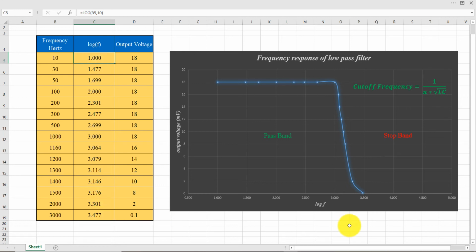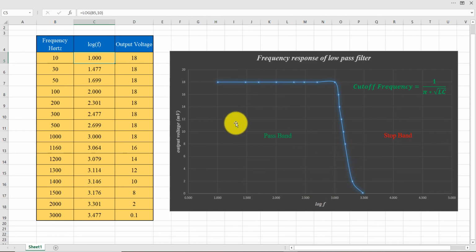Log F is on the x-axis, and the output voltage is on the y-axis. When you plot this, you see that the output voltage is 18 volts, and then at a particular frequency it starts falling and the output voltage reduces to 0.